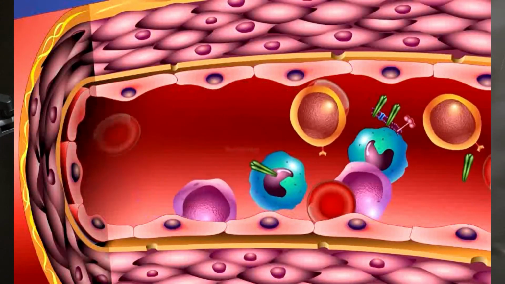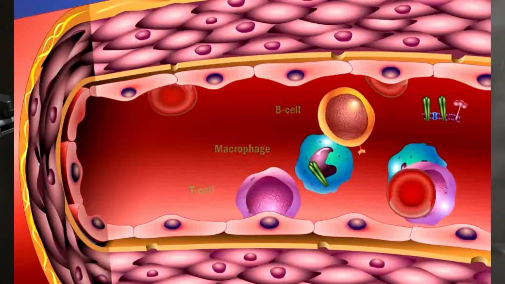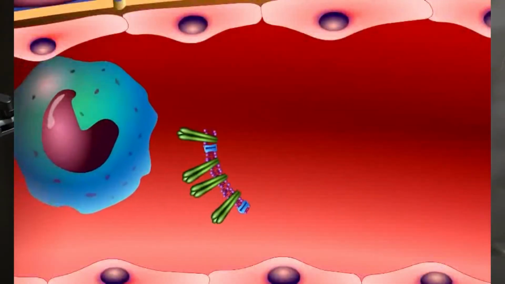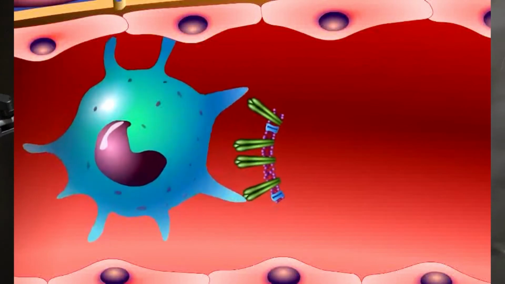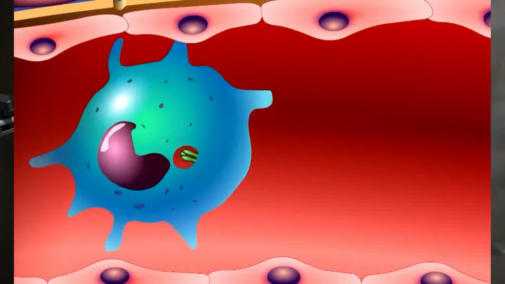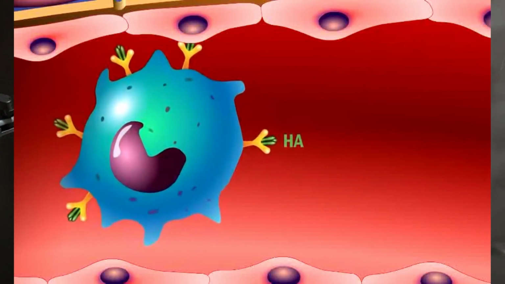Once inside the blood, there are cells that the virus particles will encounter: the macrophage, the T cell, and the B cell. The macrophage phagocytoses, or ingests, the hemagglutinin, the HA, breaking it down into smaller components.